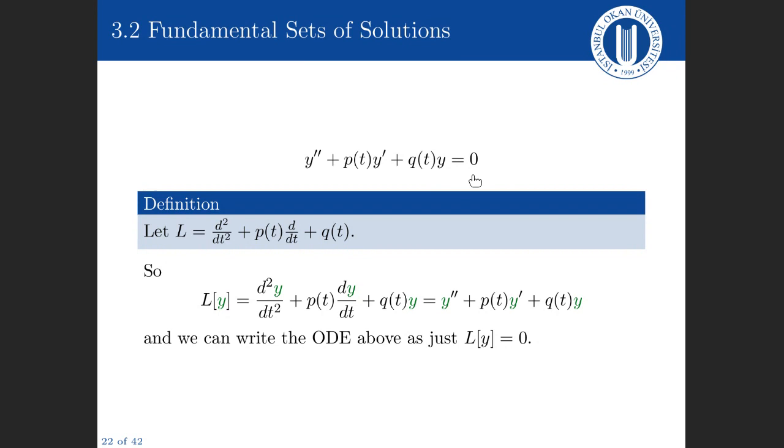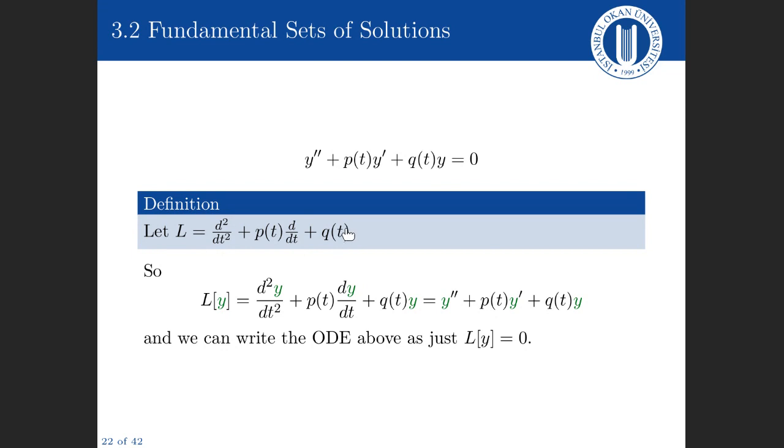Because we're going to be writing this a lot, it's useful to have a short notation. I'm going to define an operator capital L, with two derivatives plus p of t times one derivative plus q of t.